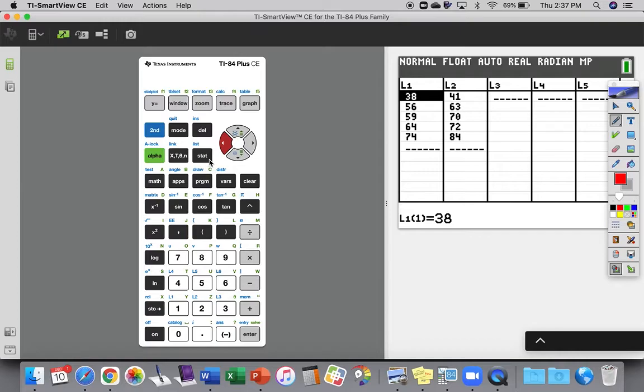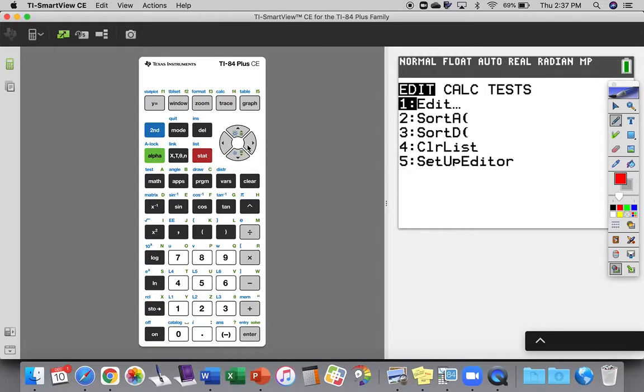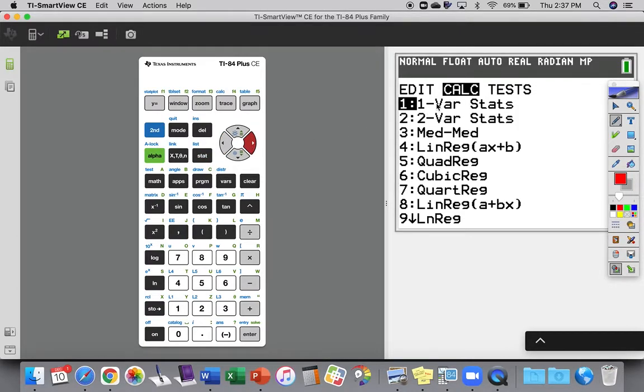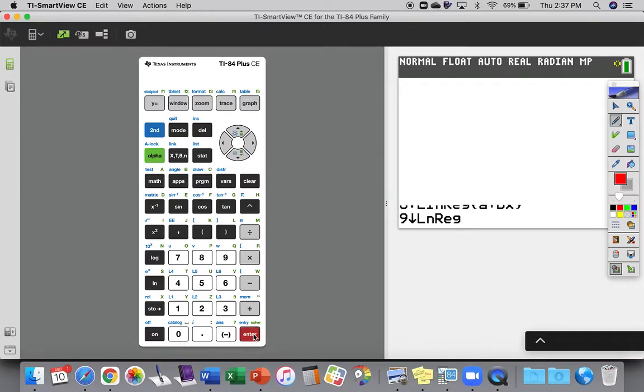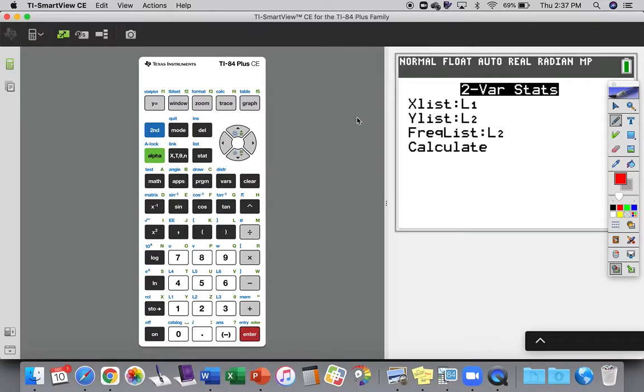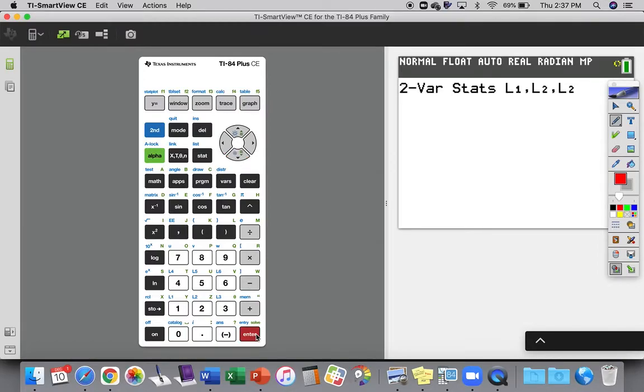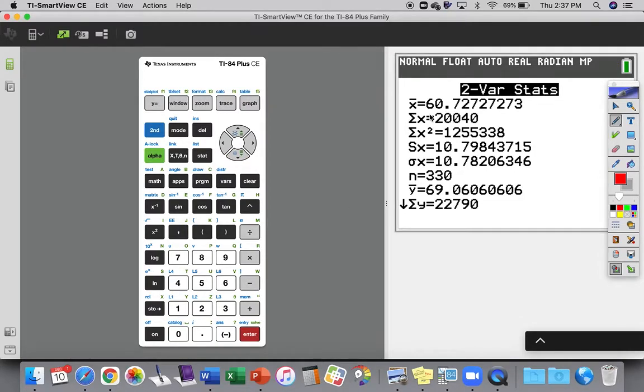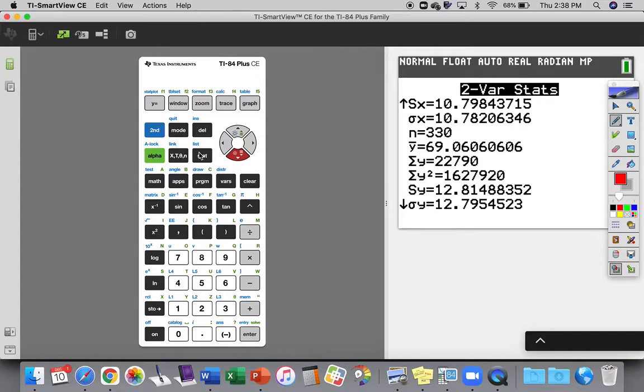Now, if you think, what did I do last time? I did stat, calc, and I did one variable stats. Well, since we have 2 variables now, I will do 2 variable stats. List 1 and list 2, and I will calculate some important numbers. This will give me my mean of the x's, my standard deviation of the x's, my mean of the y's, and, scrolling down, the standard deviation of the y's.